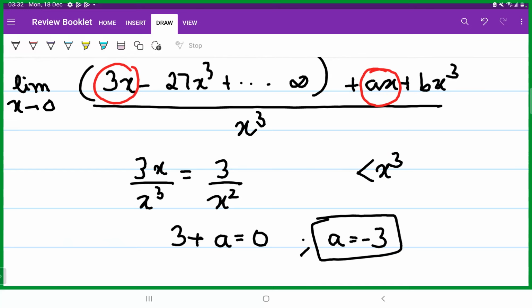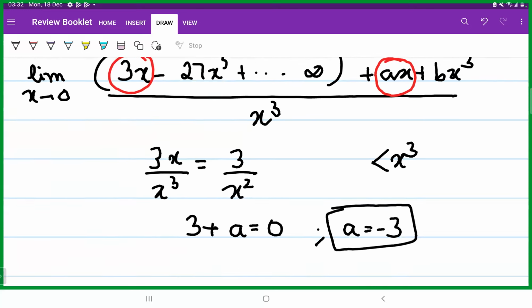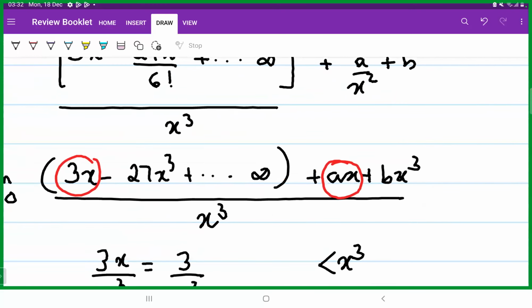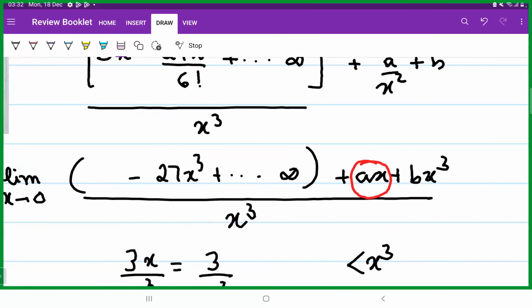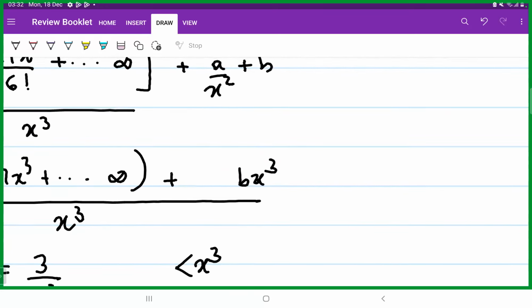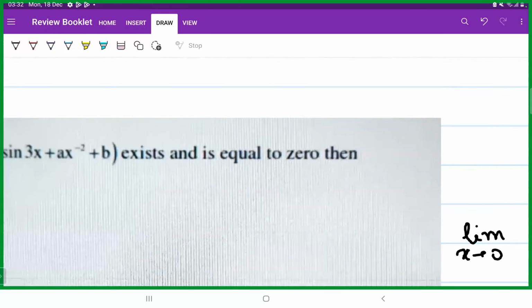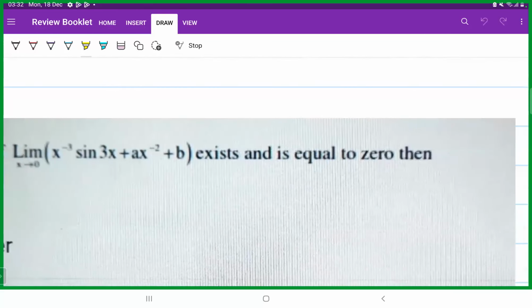Now we need to find b. Since this part of the question is done, let me just remove this 3x and this. This is what is left right now. In the question it has been given that this limit exists and is equal to 0.